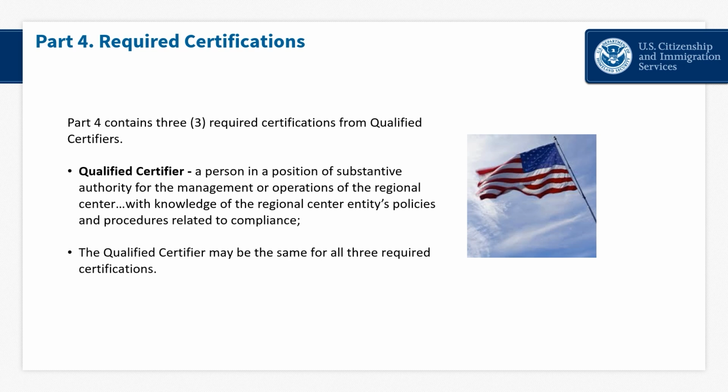The I-956G also requires the qualified certifier's identifying information and contact information. Although the 3 certifications relate to different aspects of the Regional Center's operations, the qualified certifier may be the same for all 3 required certifications.